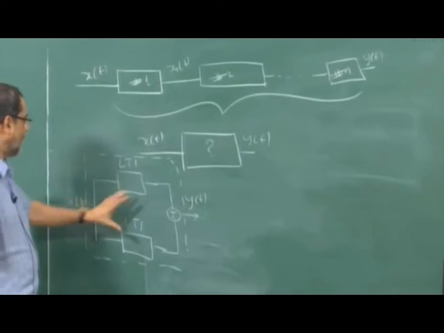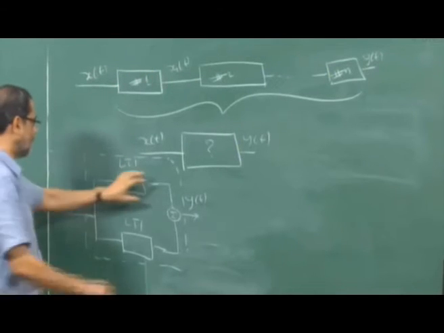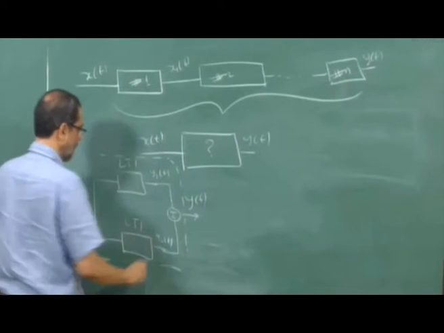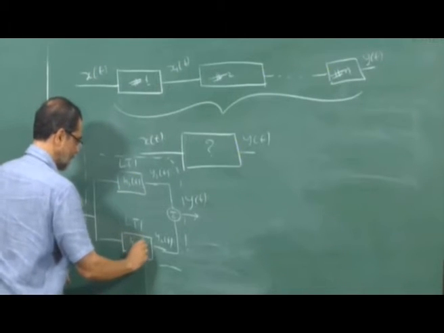then I can write out the convolution integral. Let's call the outputs y1 and y2, with impulse response of this as H1 and impulse response of this as H2.